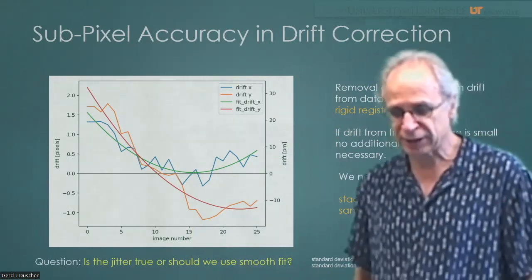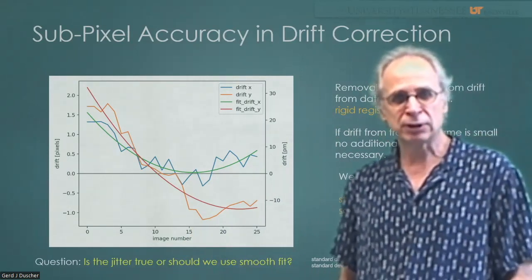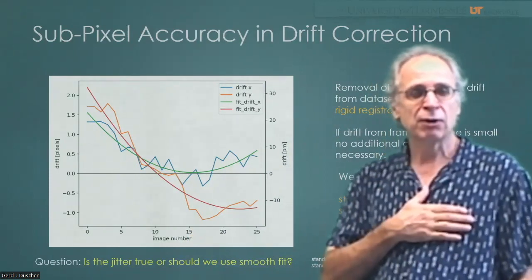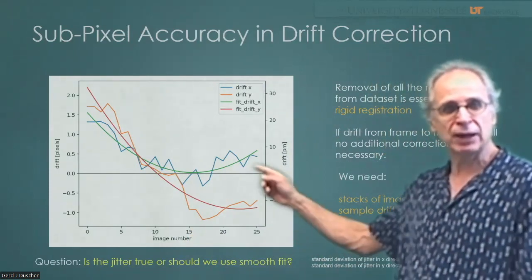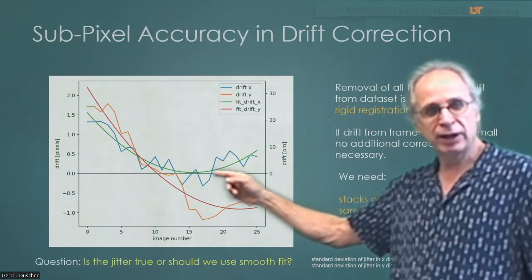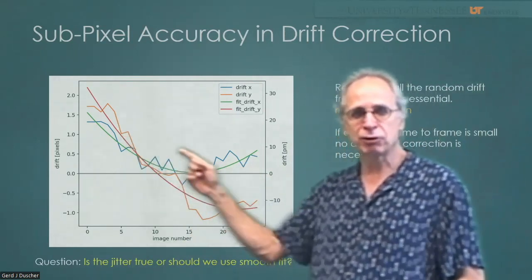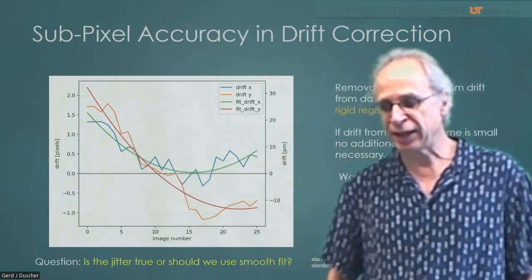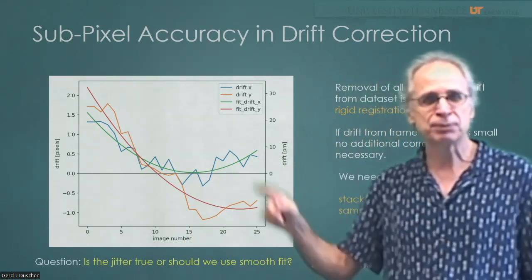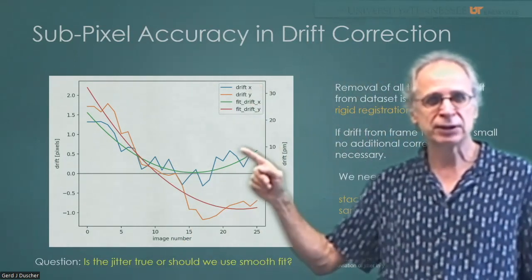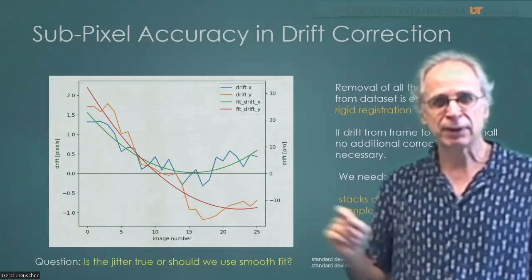Actually, this one was acquired by Matt Chisholm. And you can see what kind of drift we got in the X and in the Y direction, right? So that is the X, this is the Y.